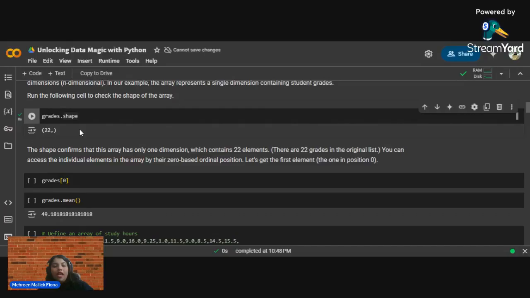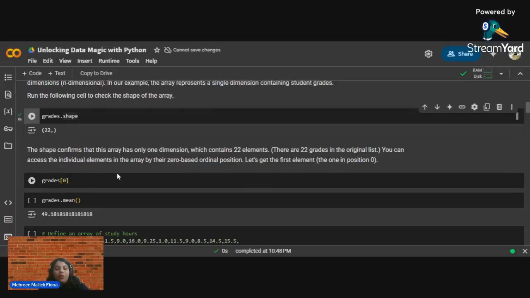You can see, as you can recall previously, it said that the list contained 22 items and it is one dimensional because there is only one row of values and no other entity. That's why it is empty on the right side, just 22 comma. If you are dealing with 2D, then you would have another additional value on the right, and it would look something like a tuple. It is already a tuple, but it would look like a coordinate if you want to visualize.